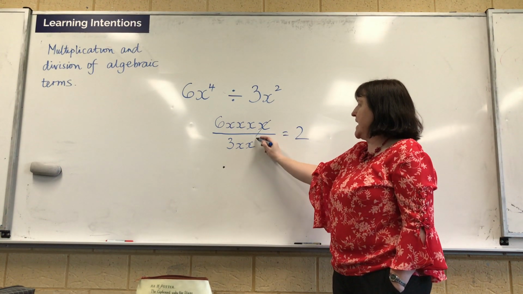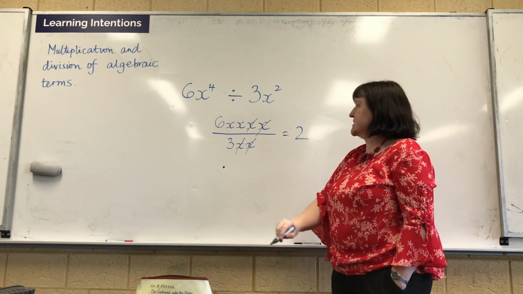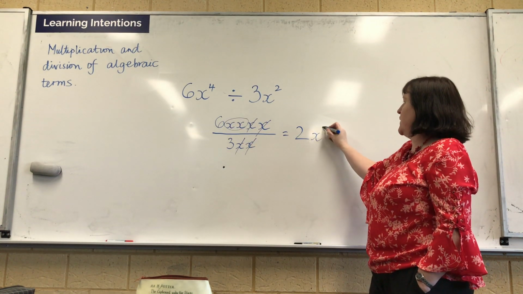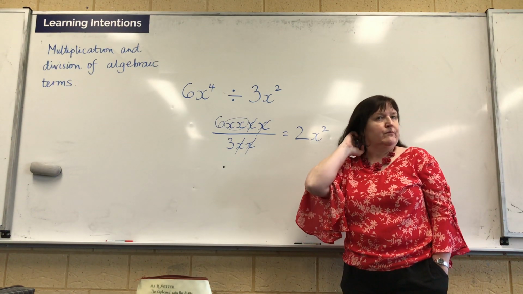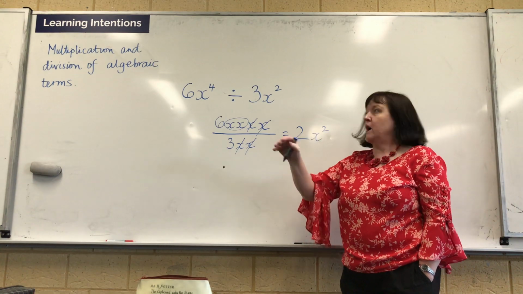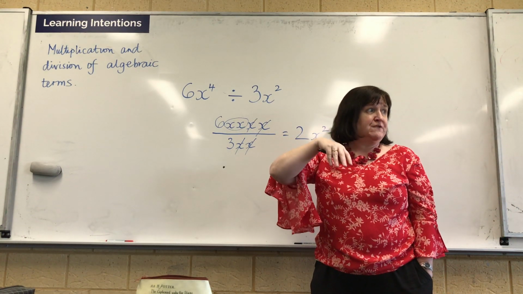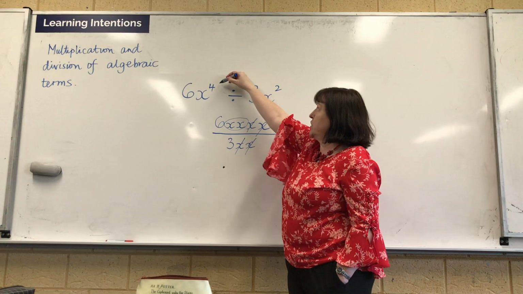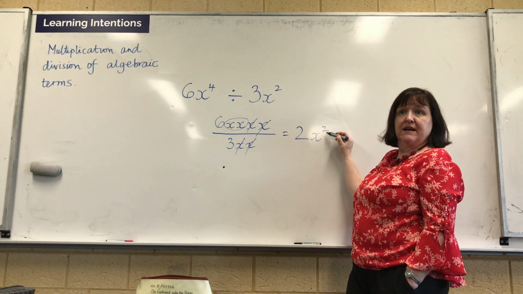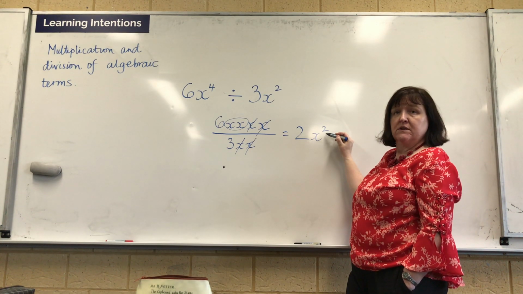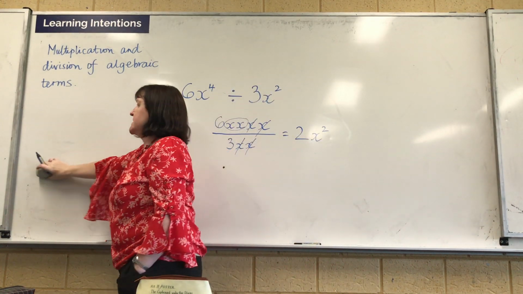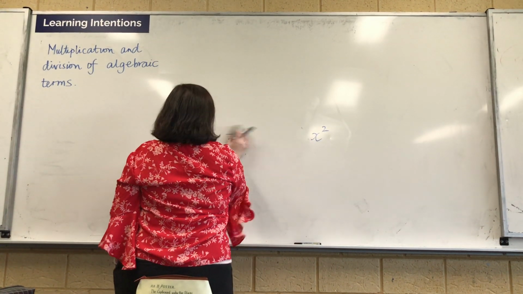So you've got 1x there and 1x there, 1x there and 1x there. So you're left with the 2 x's at the top, so it's 2x squared. Now that just shows you how the index law works, because if you remember for division with the index law, you can just do 4 take 2 gives you your new index number, okay? Obviously as long as the pronumerals are the same. Right, so they were the same pronumeral.